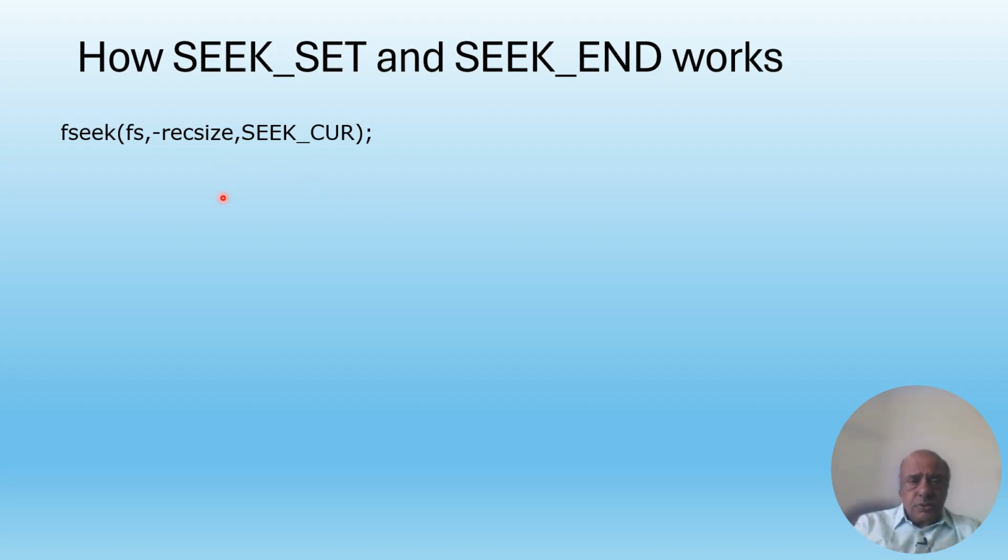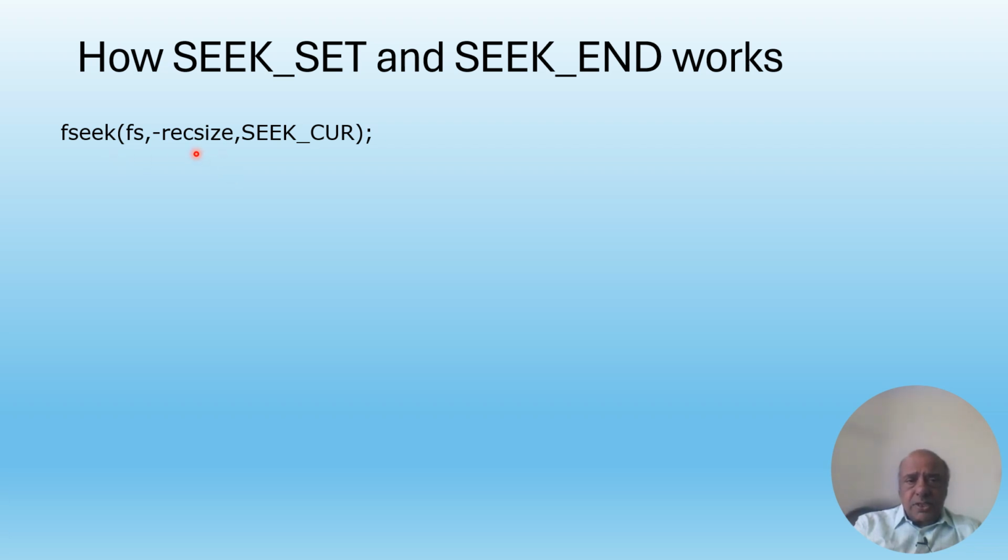but we want to modify the record and bring the pointer back to the record named BBBBB, and that is why we use this fseek function, which causes the pointer in the file fs to move by how many bytes?